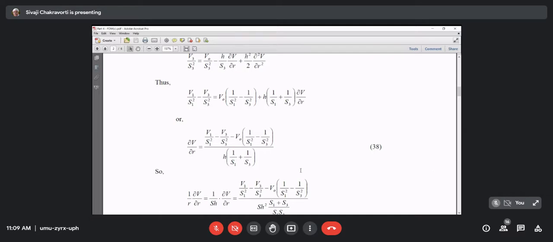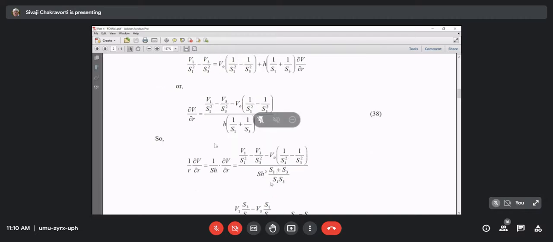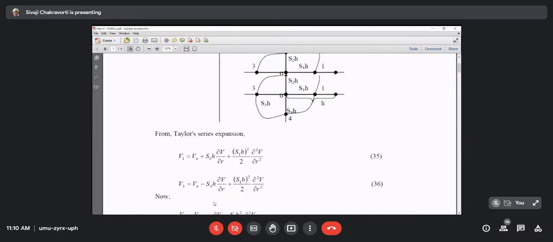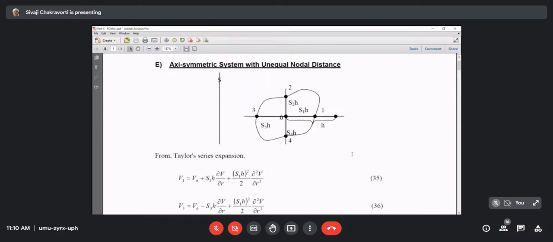But the term which is in the Laplace's equation represented in cylindrical coordinates is not just del v del r, it is 1 by r del v del r. Now, what is R? R is the distance of the target node from the axis of symmetry. That means in this diagram, this is the target node. So, what is the radial distance from the axis of symmetry? Naturally, this will be more than h.